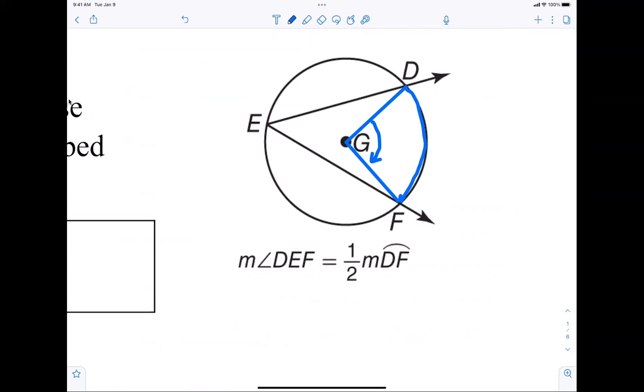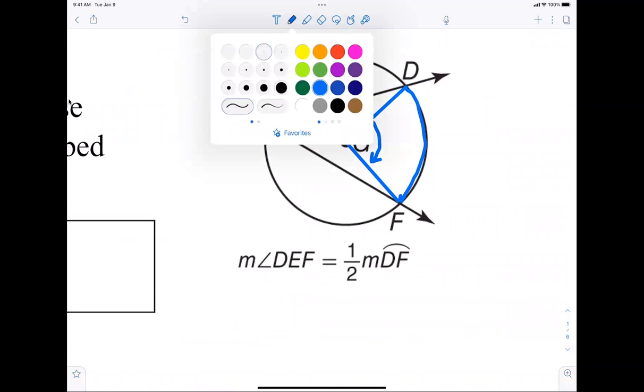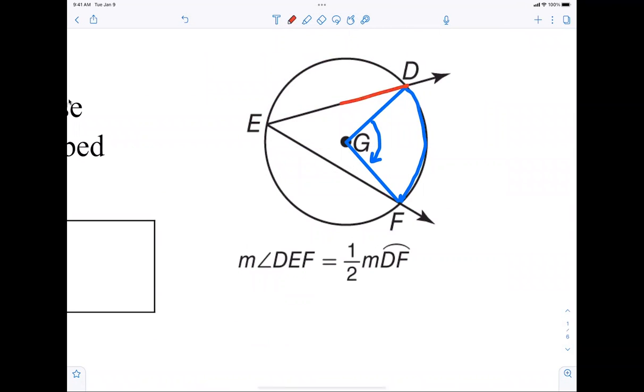All right, so that is a central angle because the vertex lies in the center of the circle. This right here is called an inscribed angle because its vertex is on the circle. All right, now, do those two angles look the same?